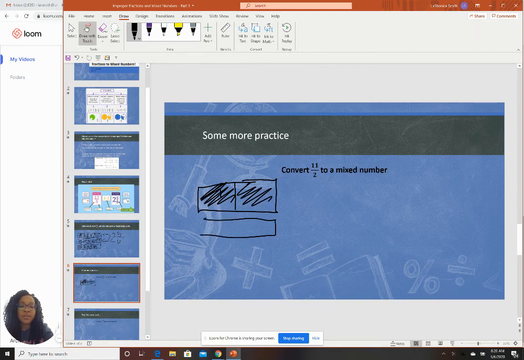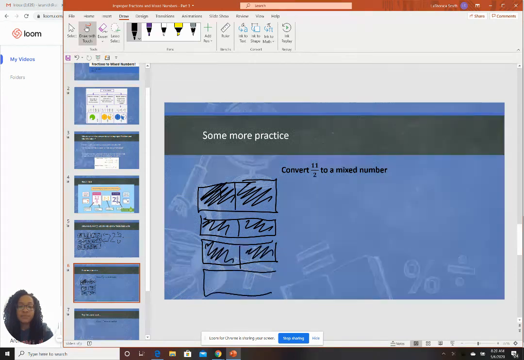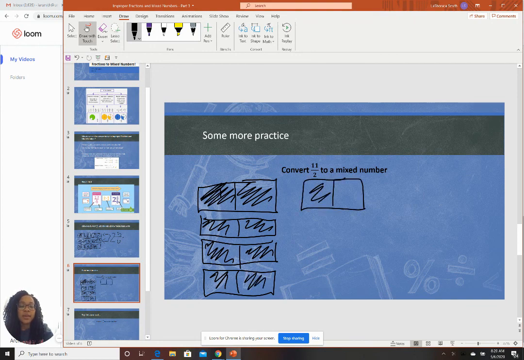So we have to keep going until we get to 11. 3, 4, 5, 6, 7, 8, 9, 10, 11.